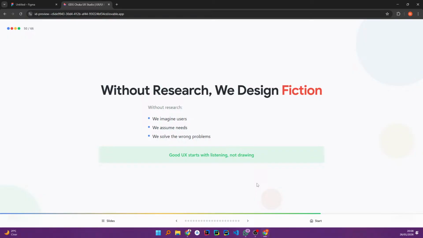And we also solve wrong problems as a result of imagining the user's needs and also assuming the user's needs. As a result, good UX usually starts with going out there and listening to users, providing them with your wireframes so that they can test them out and give you feedback.